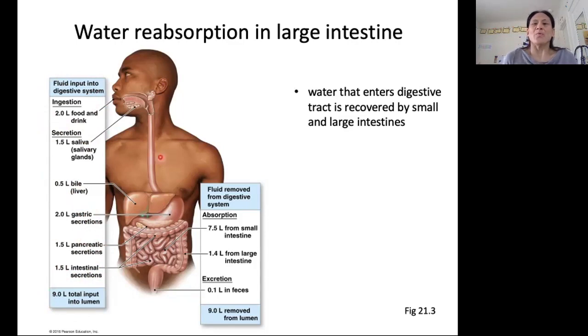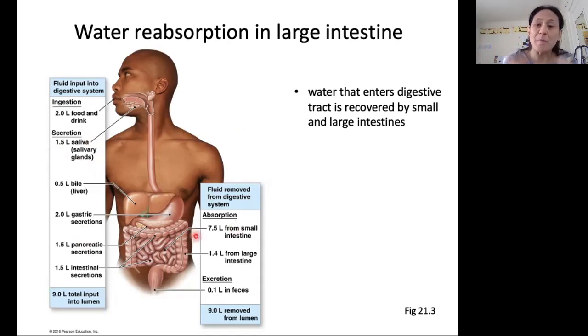Okay. We are terrestrial animals. We don't have a ton of access to water. So what we want to do is hold on to as much of that water as possible. So we try to reabsorb all that water that got deposited into our digestive tract.